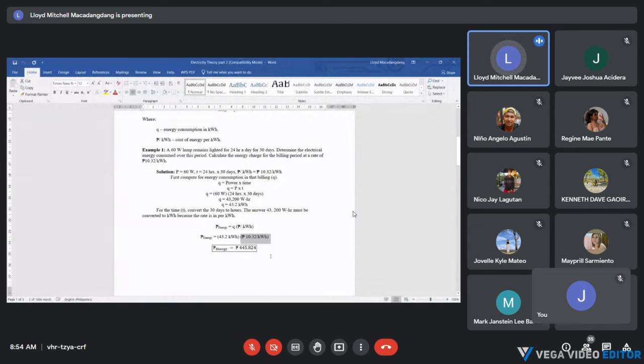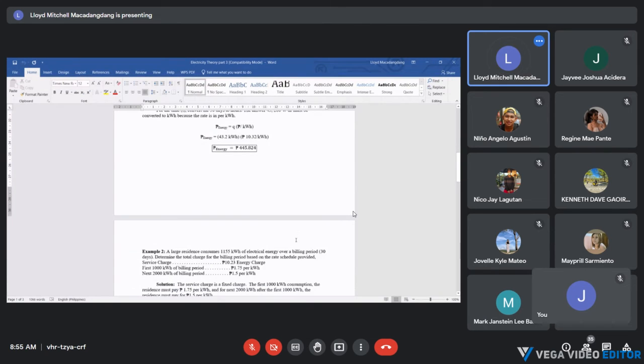So the energy charge for the lamp is 445.824 pesos. So that's the final answer for example number 1.